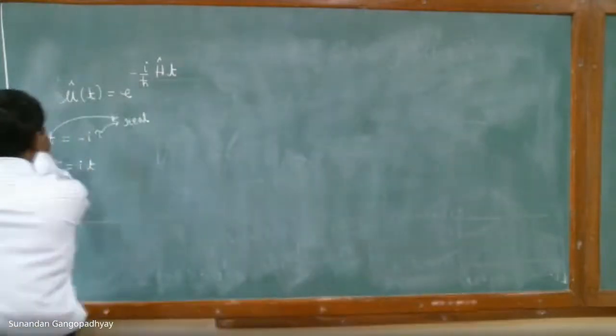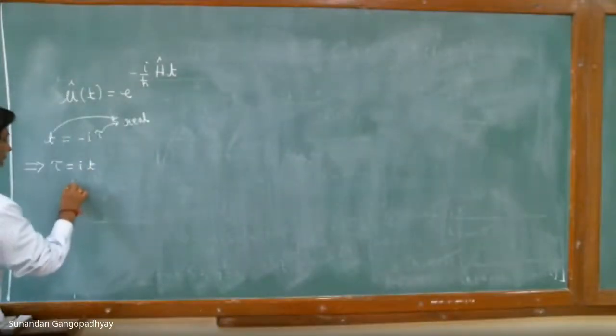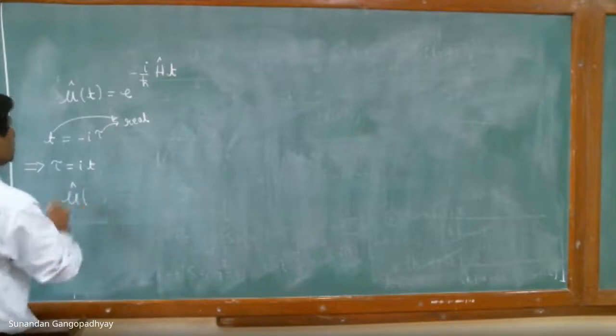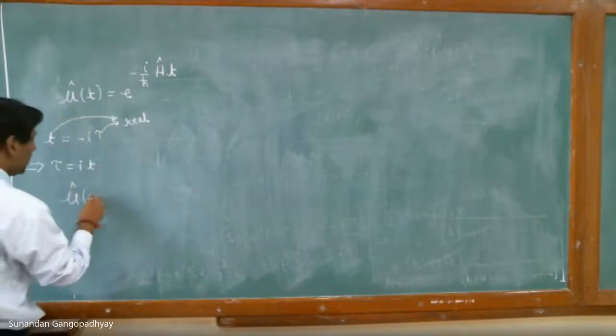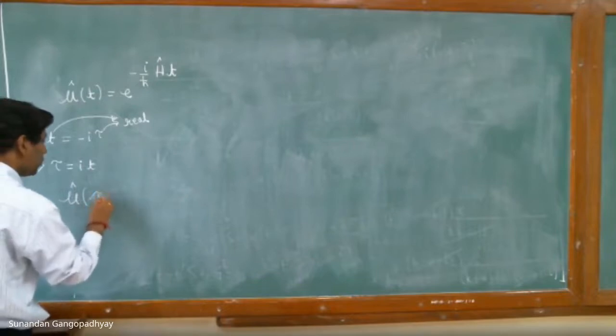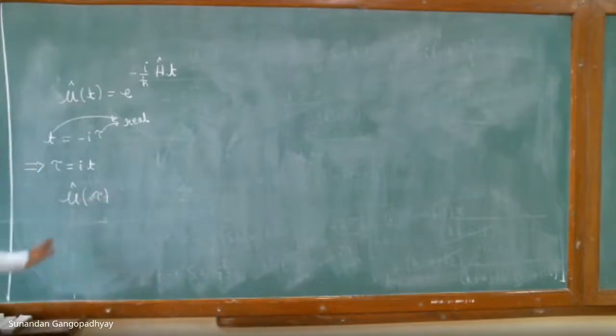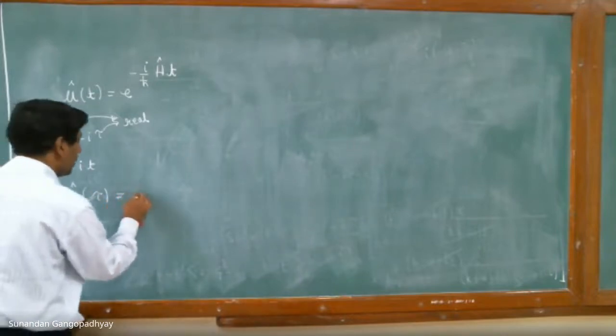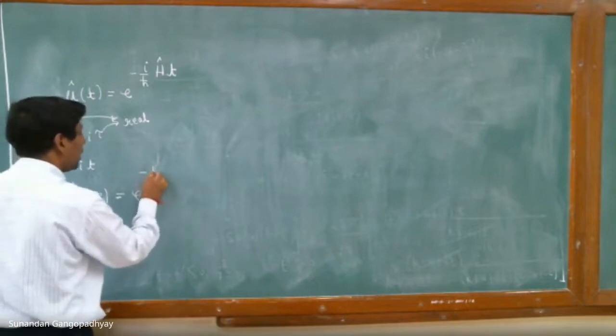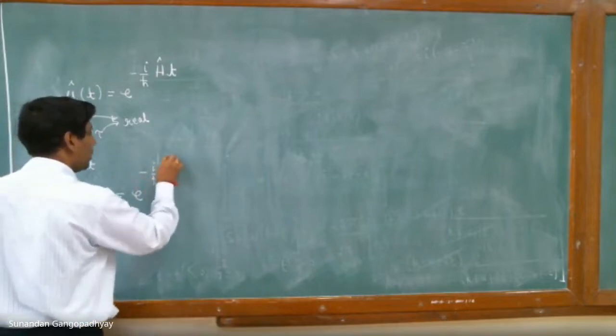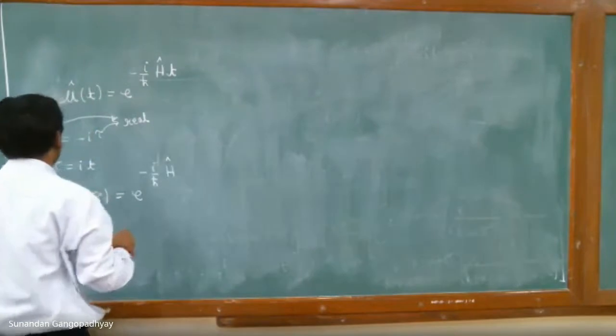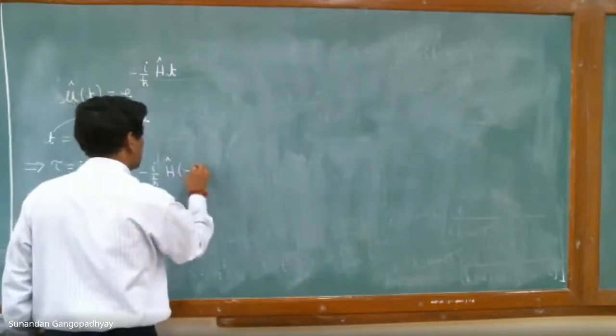And there, what happens to this evolution operator? This evolution operator is U hat. This t is basically minus i tau. So you can consider this to be a function of tau, right? And this is e to the power of minus i by h bar Hamiltonian, and this time t is nothing but minus i tau.